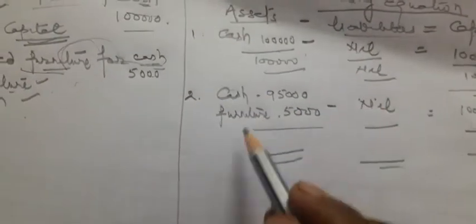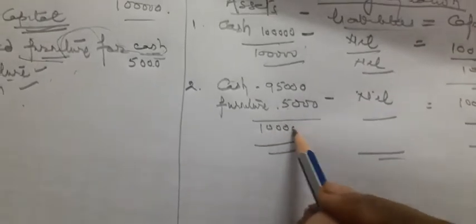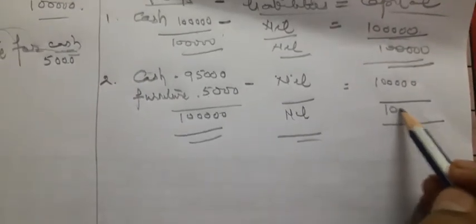Now total after transaction number 2: total assets are 95,000 plus 5,000, 1 lakh rupees. Liabilities again nil, and capital 1 lakh rupees. So left hand side is equal to right hand side.